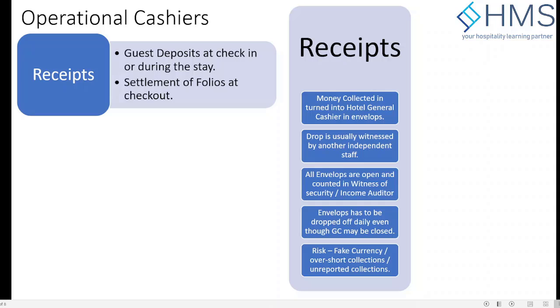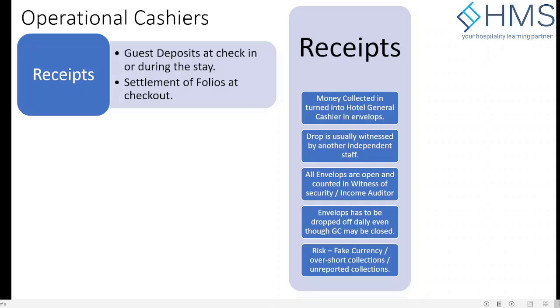And then there can be unreported collections, meaning the employee can do voids or rebates and not report the collections. That is usually recovered only through the income audit's analysis of the void reports or rebate reports, to see if they are valid or genuine.